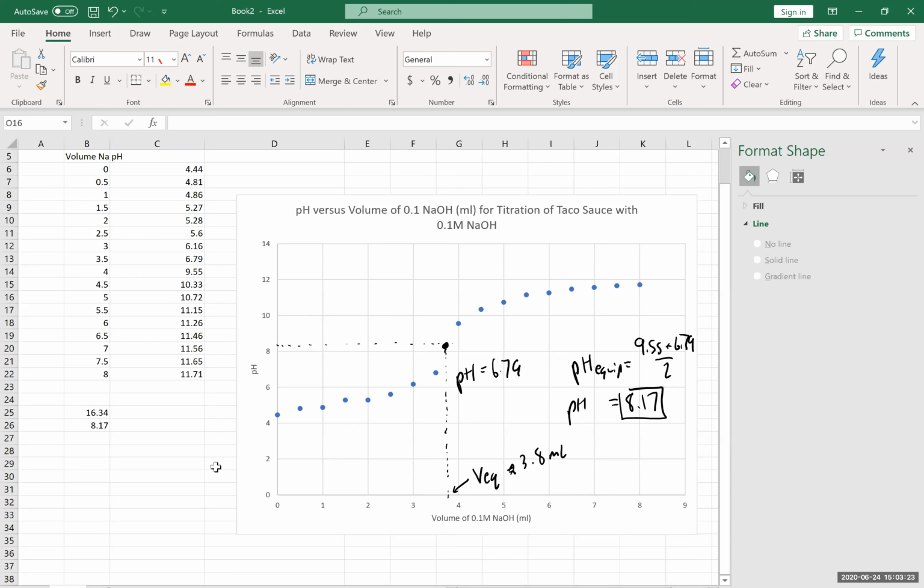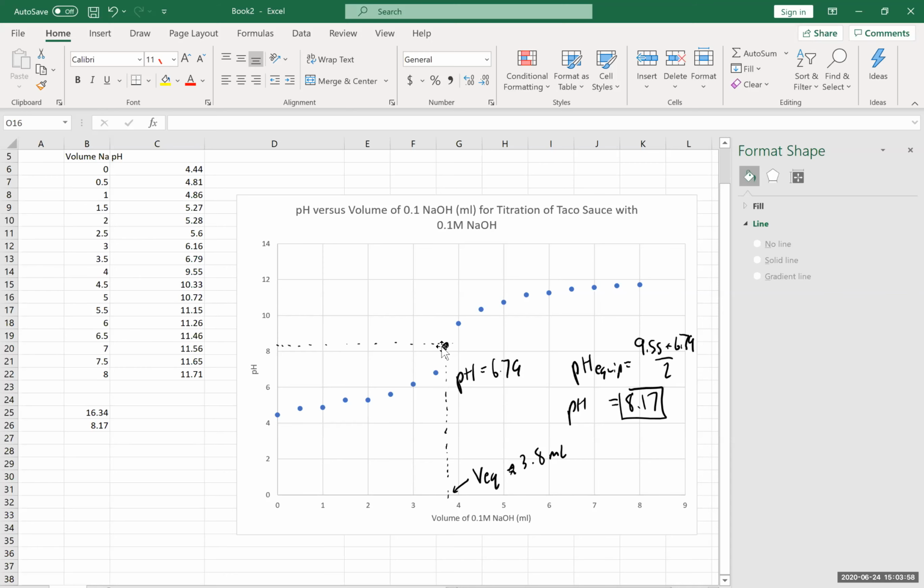Any other questions on this example? Is it making sense so far? Wait, so how did you get the volume equivalence of 3.8? Once I determined my pH at the equivalence point, I went from my pH on my y-axis and traced it into my curve of pH versus volume.